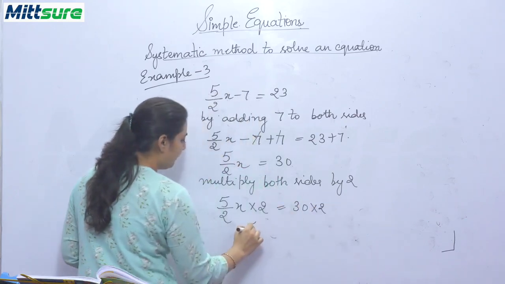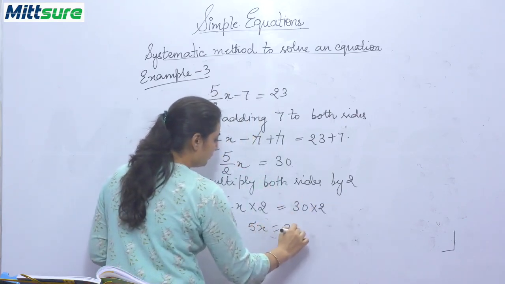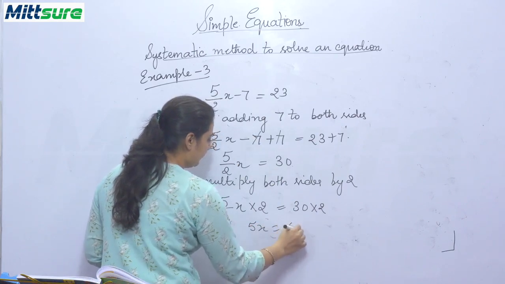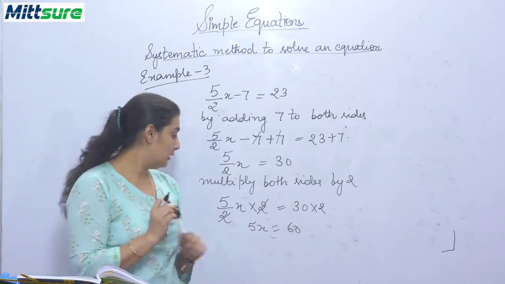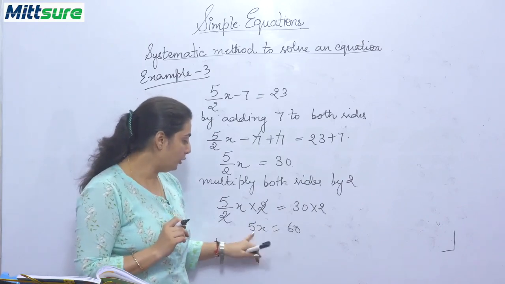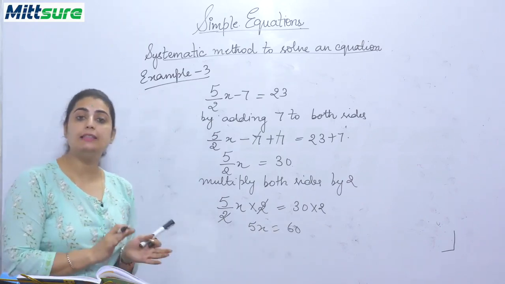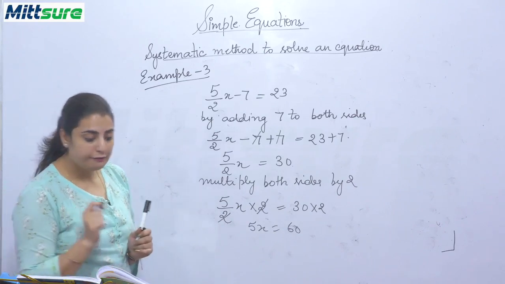So you have got 5x equals to 60. Okay. Now once you have got 5x equals 60, now I want to remove this 5. So I will divide the entire equation by 5.